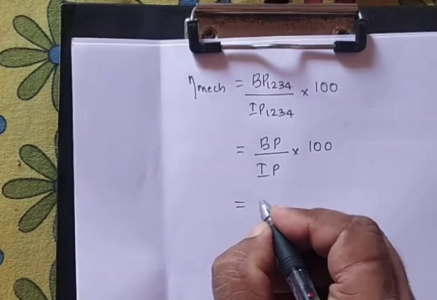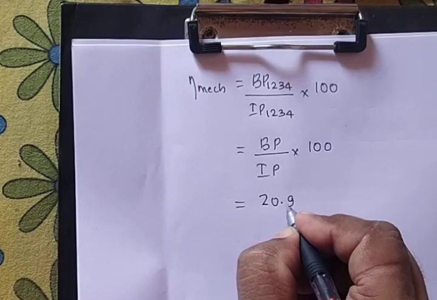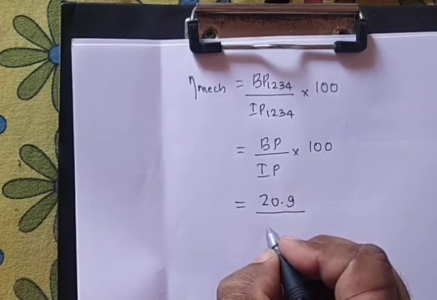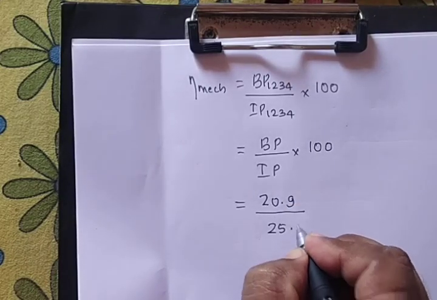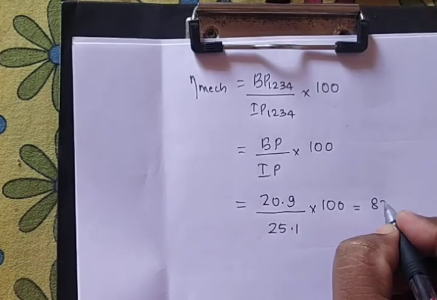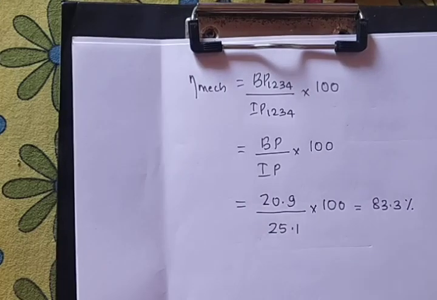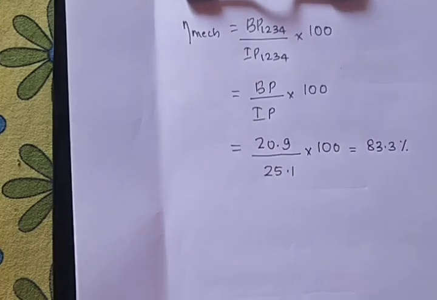What is the value of BP given to us in the problem? It is given as 20.9, divided by IP, which we have found out just now as 25.1 kilowatt, into 100. So you get the value to be equal to 83.3%.